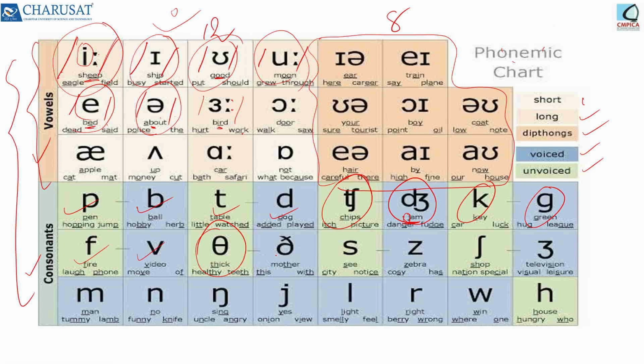This is the, this is s, z, this is sh. This is z and this is zh, that is zebra and television. So z is different over here: zebra z and television zh.